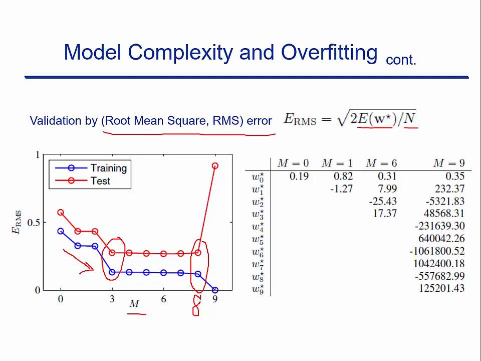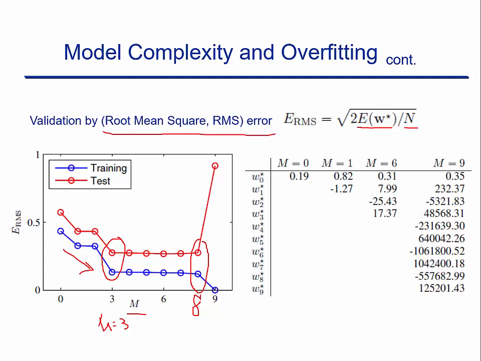But actually, in machine learning practice, we will probably stop at m equals 3, because after 3, we test a few other more complex models, but we do not see much improvement in the performance. So this means probably after m equals 3, the model performance saturates. So m equals 3 is a simple model which achieves at least as good performance as more complex models with larger m values.